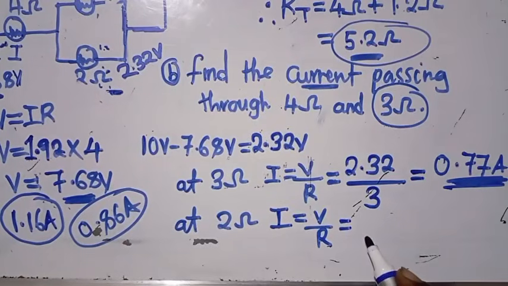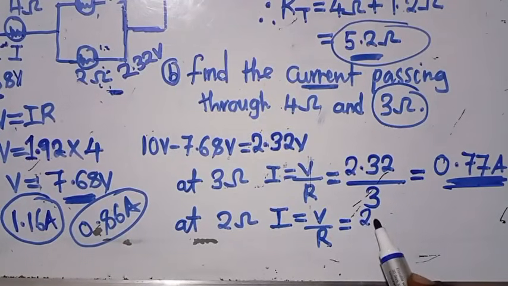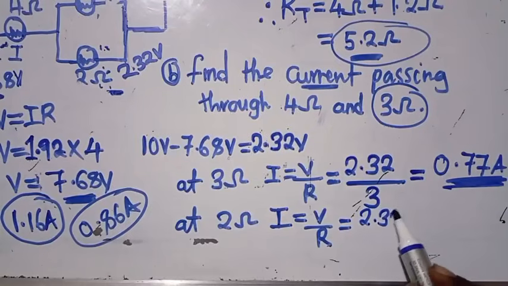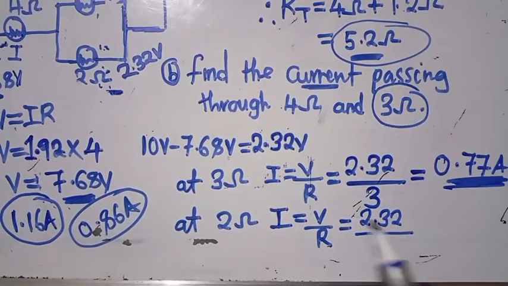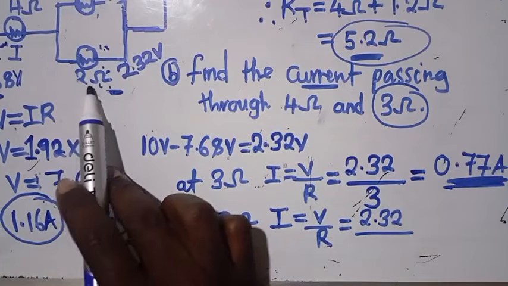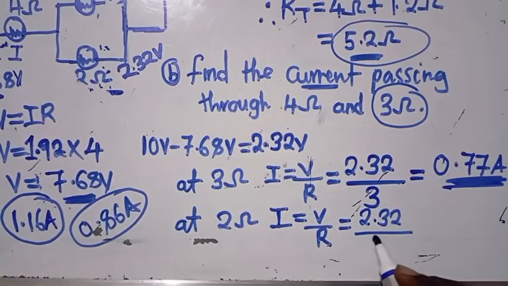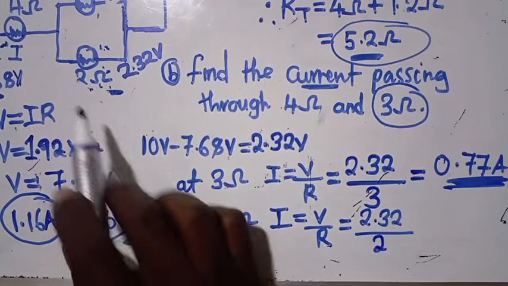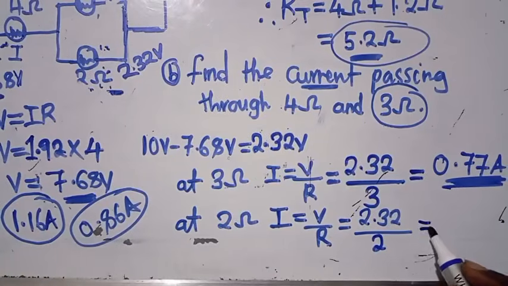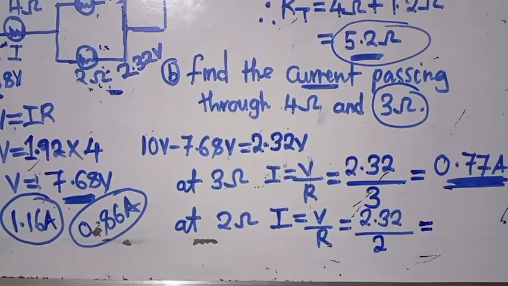What voltage are we given? The voltage is 2.32. This is the voltage over the resistor. The resistor is 2. So you put a 2 there. Resistance is 2 because it is that one.